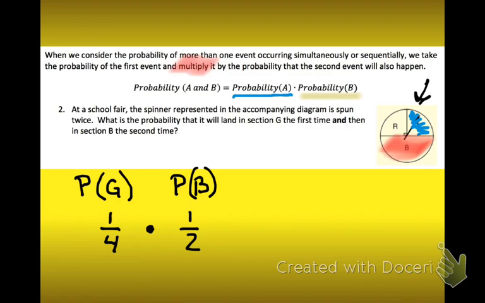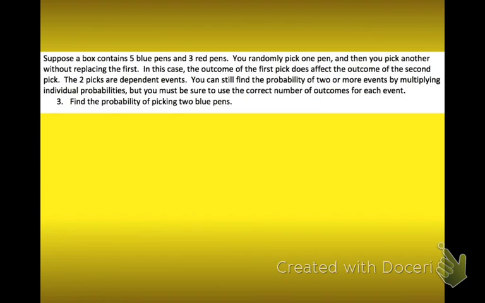When you multiply fractions, you remember you multiply the tops, and then multiply the bottoms. So you'll end up with 1 over 4 times 2 is 8 as your final answer. So that is the probability of multiple events.